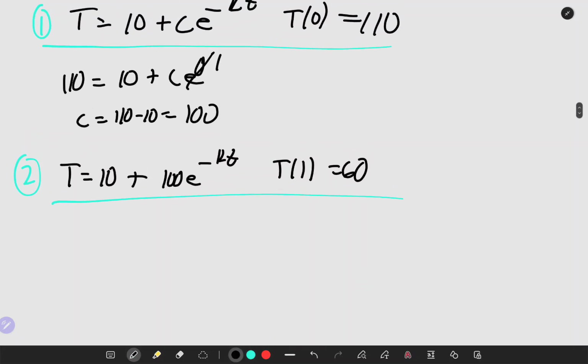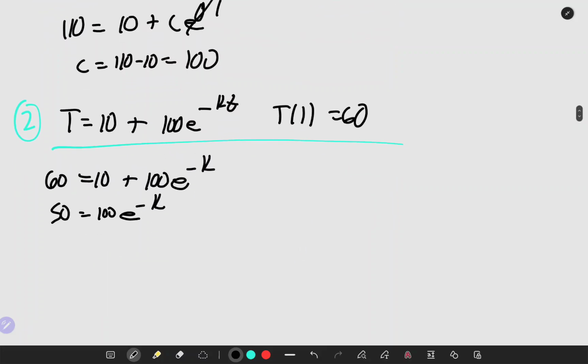So now our temperature is 60 and our time is 1, so that's just negative k. 60 minus 10 is 50. 50 over 100 is 1/2.